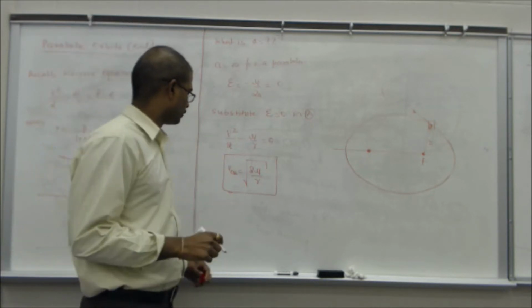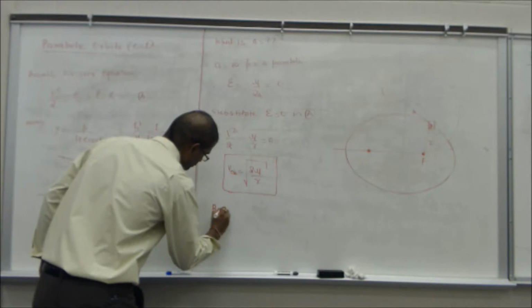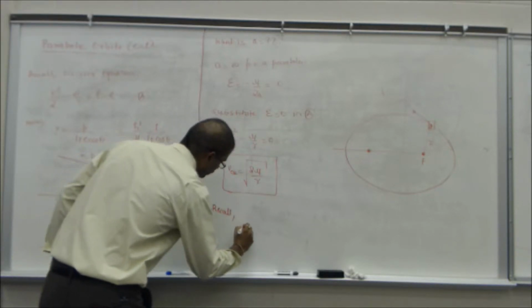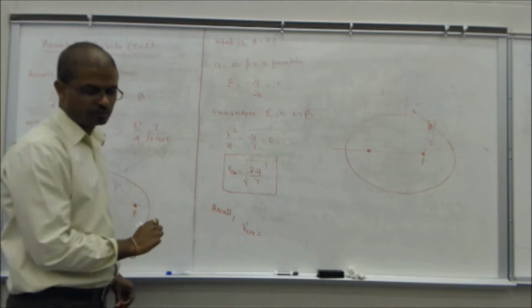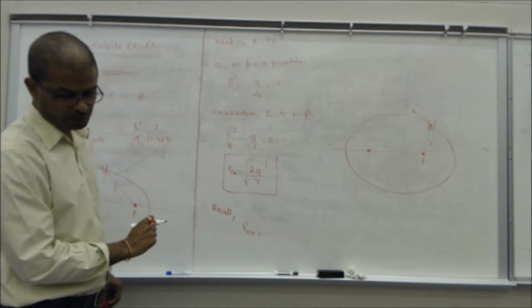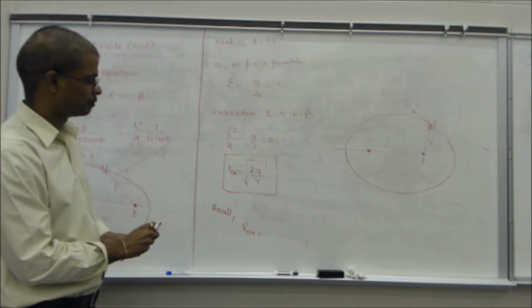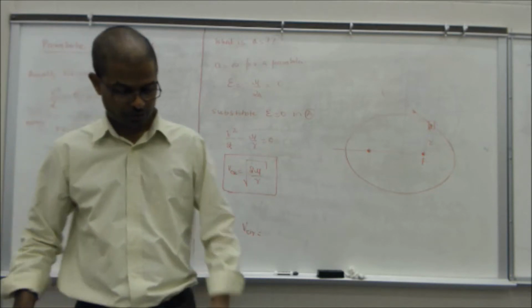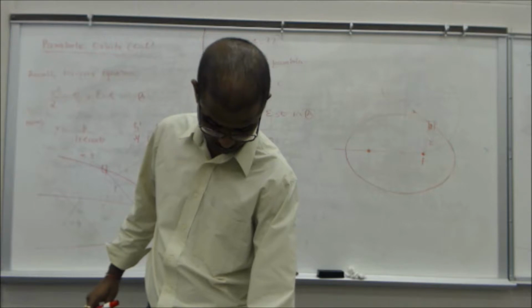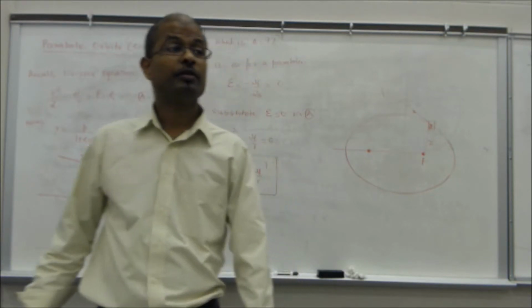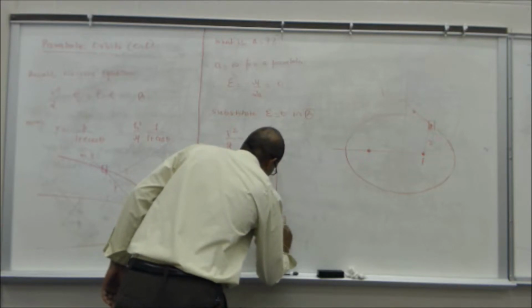And if you recall, what was V circular? Do you remember what V circular was? Look back into your notes. Square root of mu over r, right?